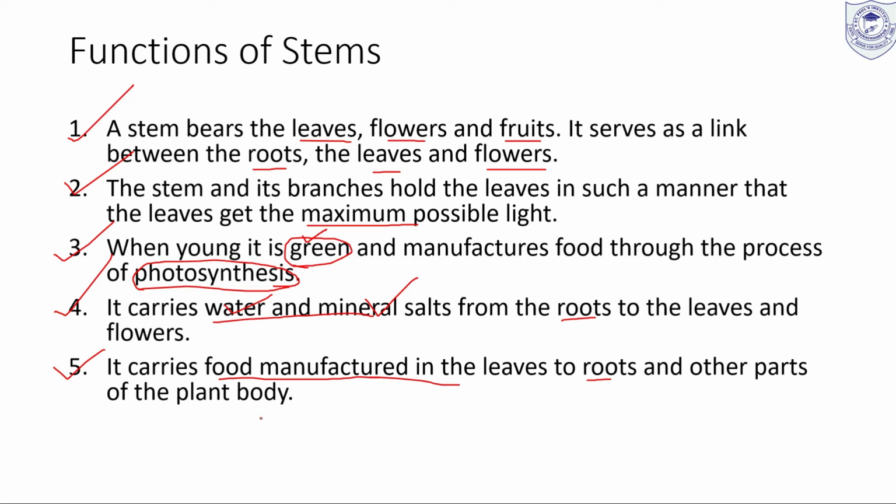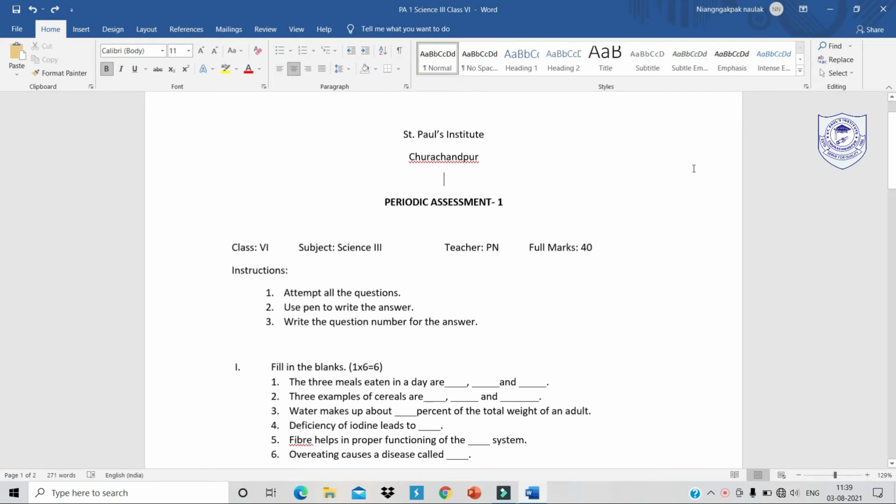Now let us see some common mistakes that you made while answering the questions of the first periodic assessment. So this is the question paper of your first periodic assessment, and before you attempt any questions, first you have to see the instructions.